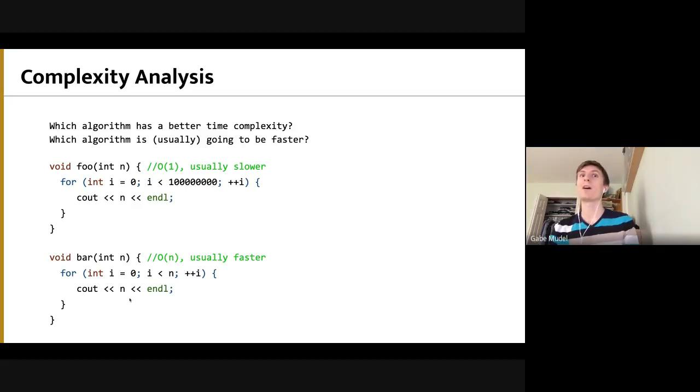Whereas bar is scaling with the input. So if we put a larger input into bar, it'll print out more things. This is just to hammer in the idea that time complexity measures how an algorithm scales with input.